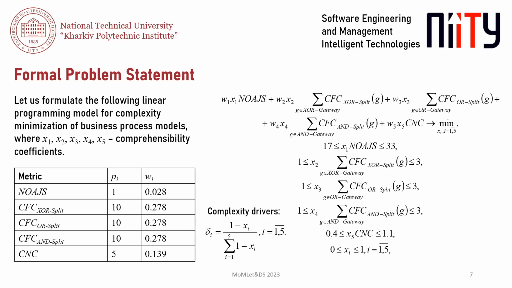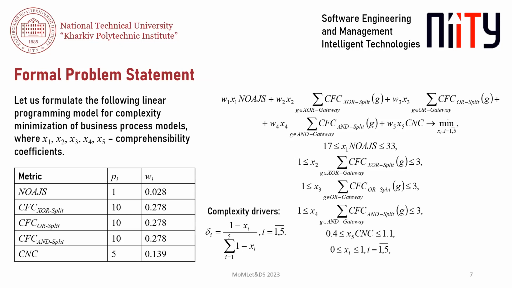So to provide the formal problem statement, we formulate the following linear programming model for complexity minimization of business process models, where x1, x2, x3, x4, and x5 represent comprehensibility coefficients.